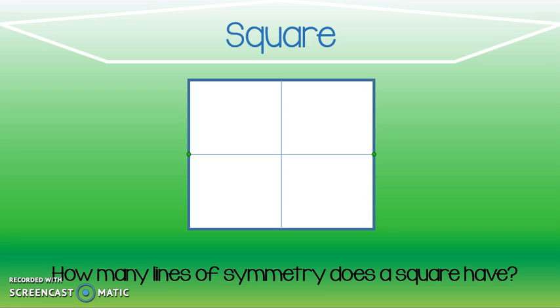Now, what if I asked you, what if I folded it from corner to corner? If it's a square, since it has all equal sides, all right angles, if I folded corner to corner, would we have a line of symmetry?